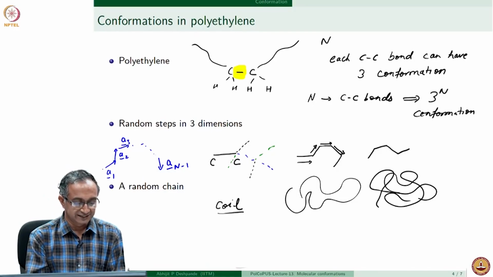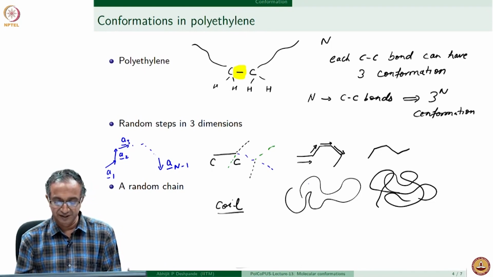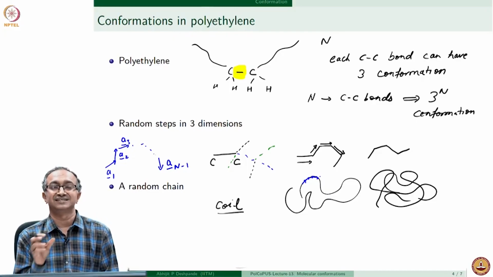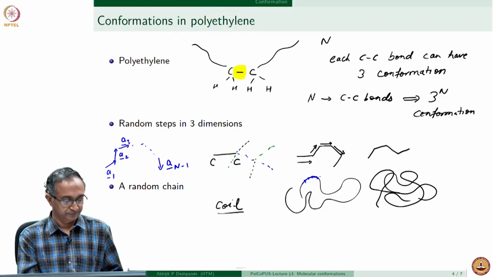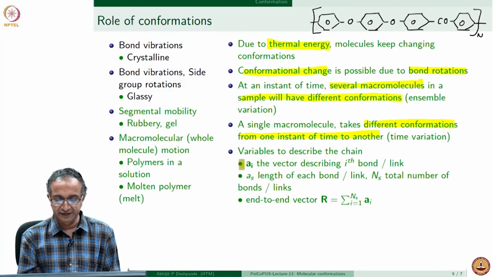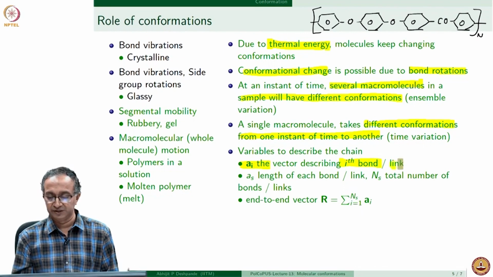So what I can see is this is a chain. In this polymer chain that I had drawn, I can have these bonds everywhere. And so a polymer chain is basically a collection of these links or bonds, and the collection of all of them is eventually the response of the overall macromolecule. So the variables to describe the polymer chain are the vectors which describe the ith bond or link.